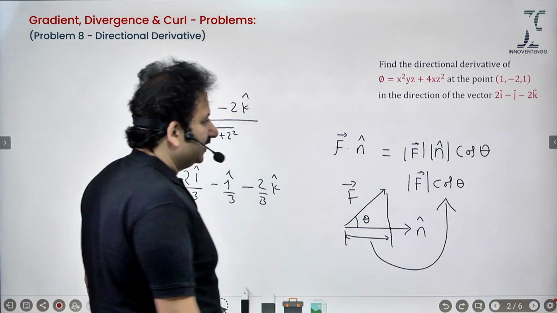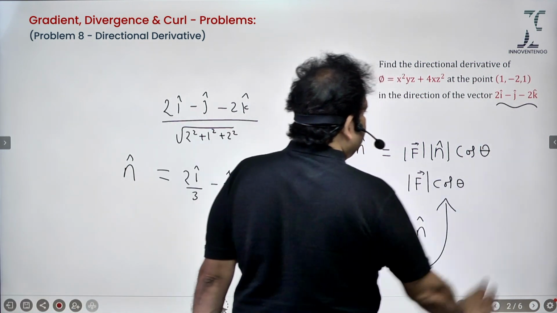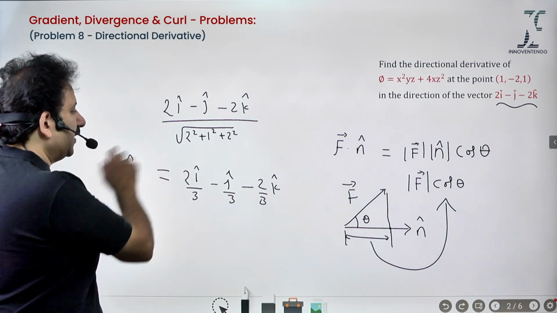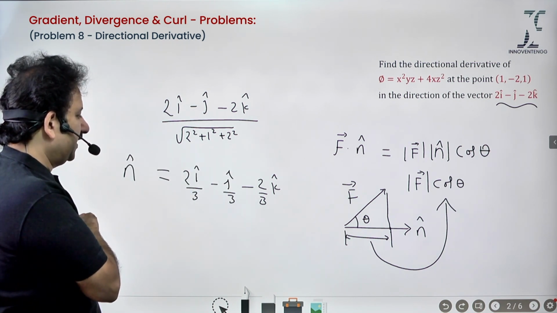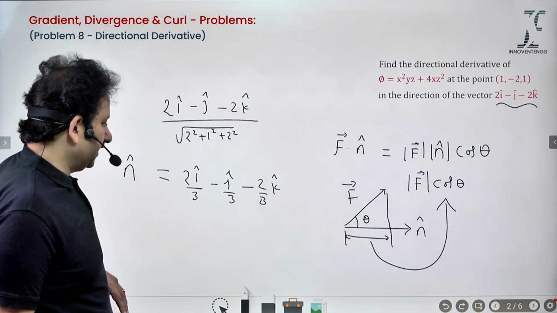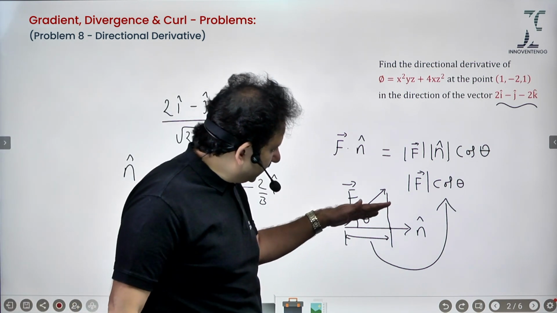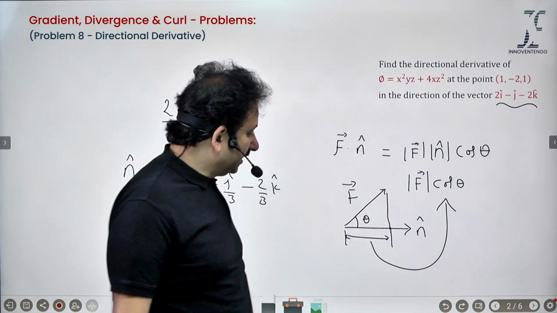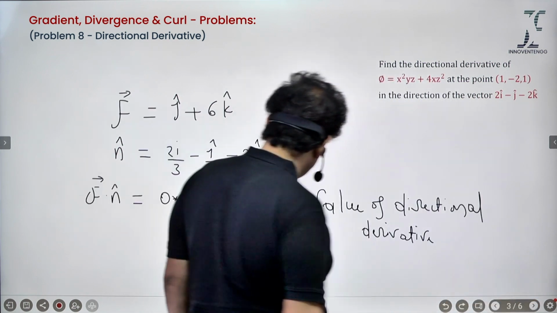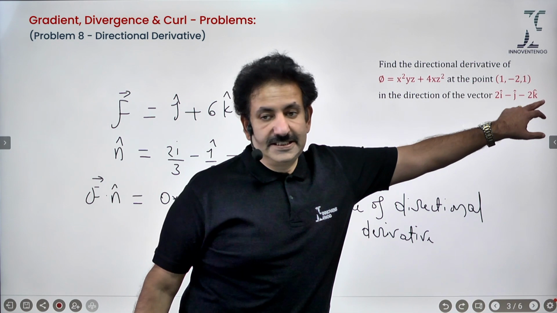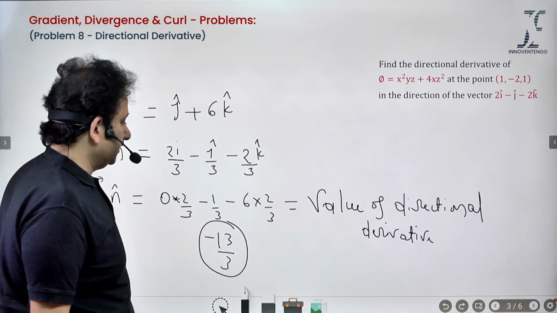But if it is sought about some other direction, then normalize that vector, divide that vector by its magnitude, so that you get the direction of that particular vector onto which you are projecting your gradient, that is, you are taking a dot product. That means whatever you are getting is the value of the derivative along that direction.